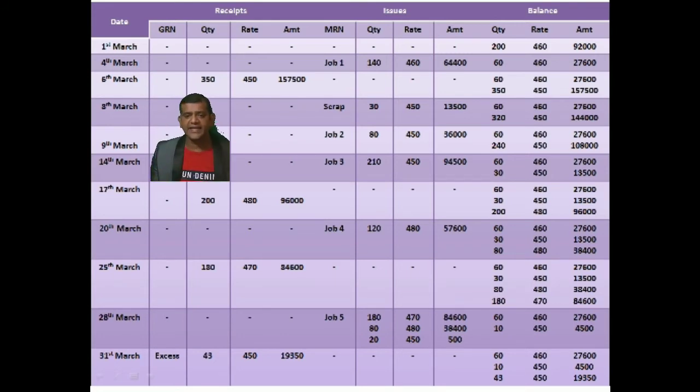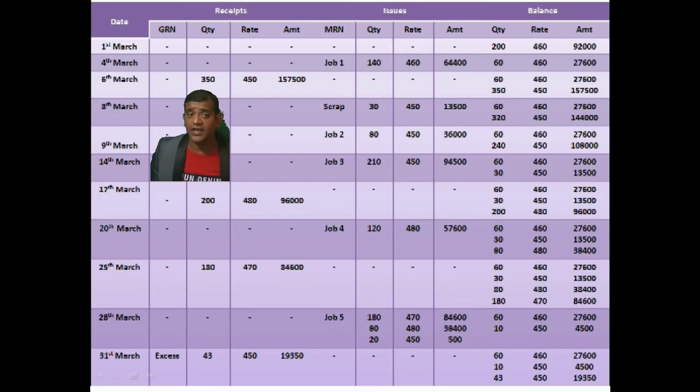So 80 tons at the rate of 450 rupees, 36,000. So 60 tons at the rate of 460, 27,600. Out of 320 tons I have issued 80 tons. So the left out balance is 240 tons at the rate of 450 rupees. So that comes to 1,08,000 rupees.